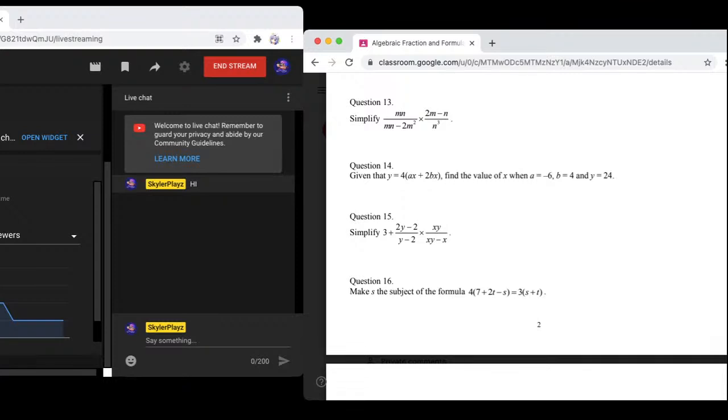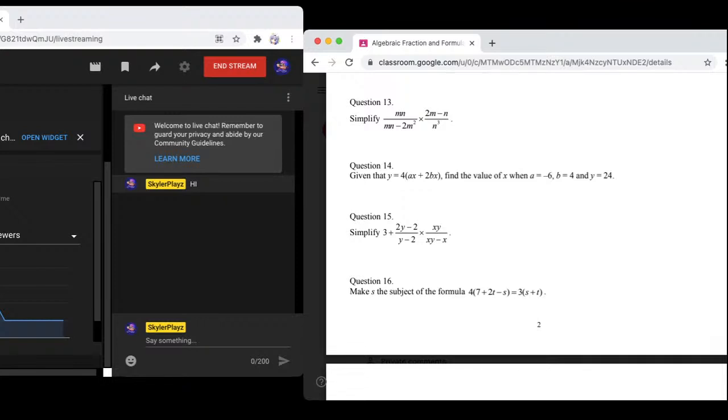As always, do factorization, and then we will have 3 plus 2 times y minus 2 divided by y minus 2 times x times y minus 1. Factorize the x, so y minus 1. x and x cancel, y minus 2 cancel. And then we will get 3 plus 2y divided by y minus x.